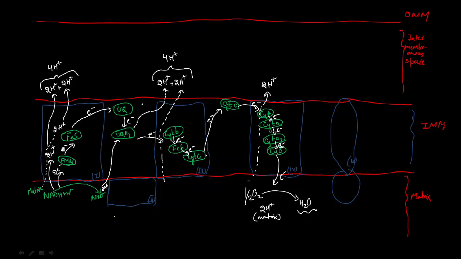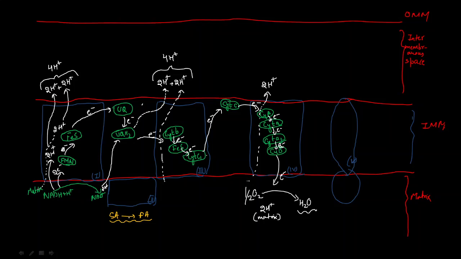where the succinic acid is getting converted into fumaric acid, right? So only during a single step the FADH2 is getting formed during the Krebs cycle.